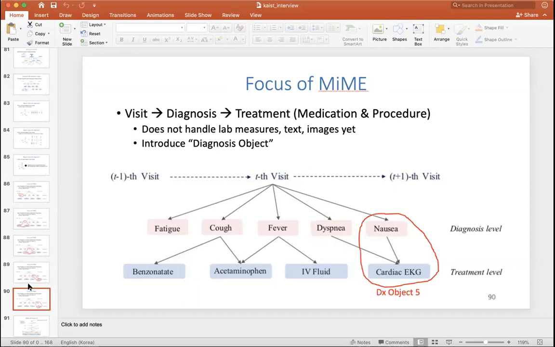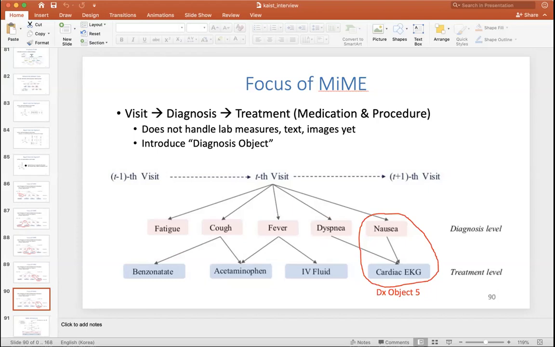Before, a visit was just a set of individual medical events, codes. Sorry, there was an interruption. So before, a single visit was an unordered set of codes, like diagnosis, medication and procedure codes. It was just a bag of codes.